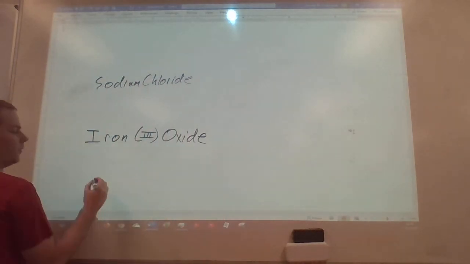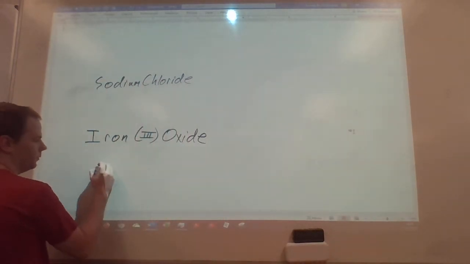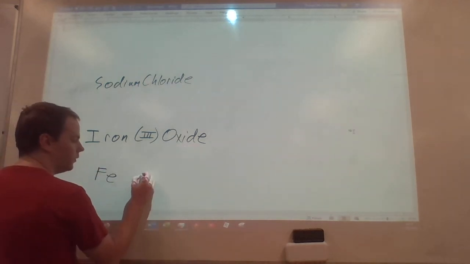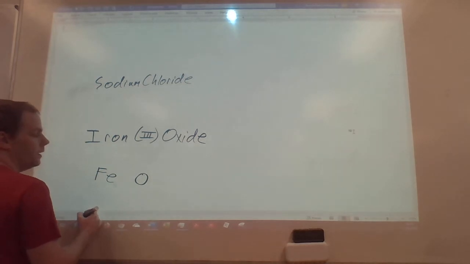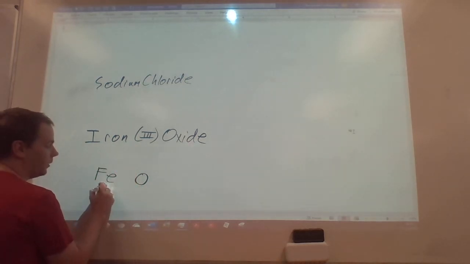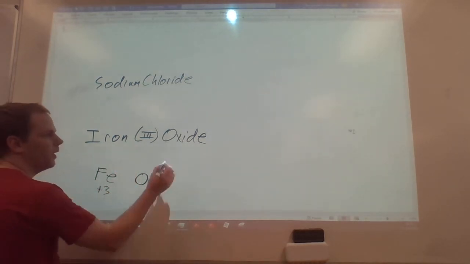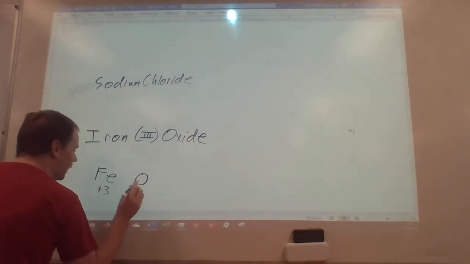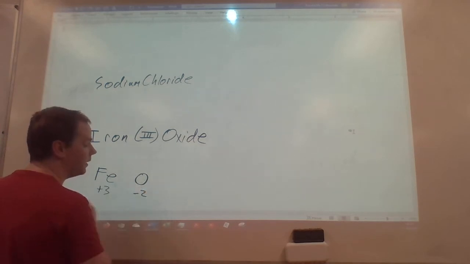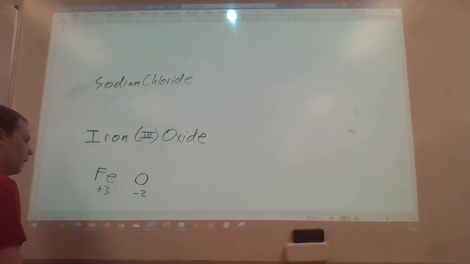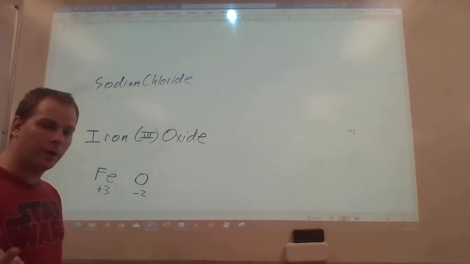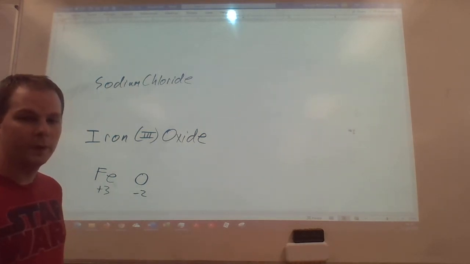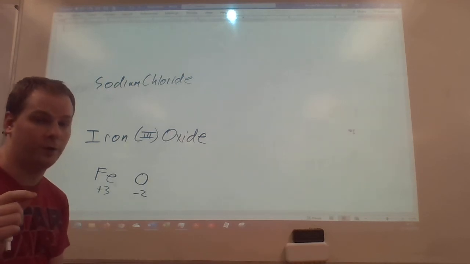So we know that this is going to be iron, which is Fe, and oxide, which is O. Now, we have stated here that the iron has to have a charge of +3, and we know, because of our polyatomic ions that we memorized, that oxide has a charge of -2. Well, in order for this formula to work, the charges have to cancel. And they need to be the most reduced form that will cancel.